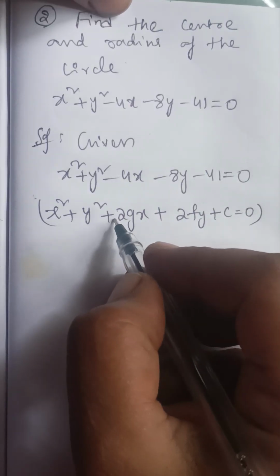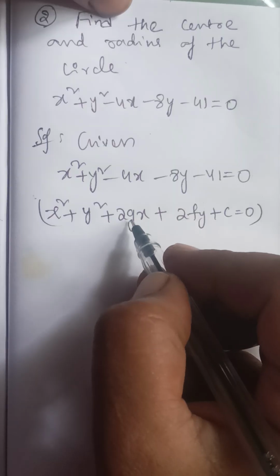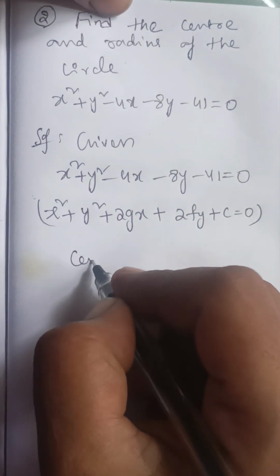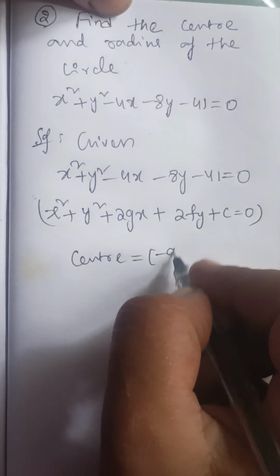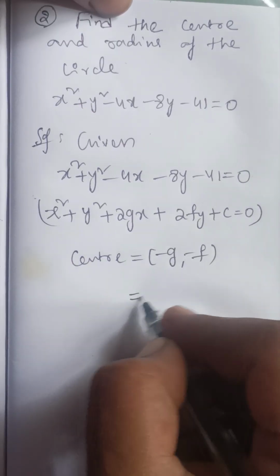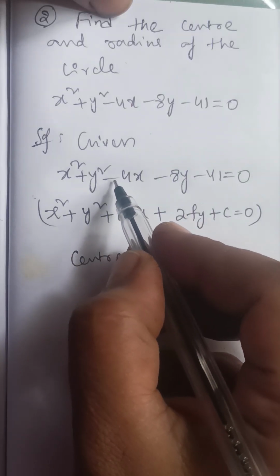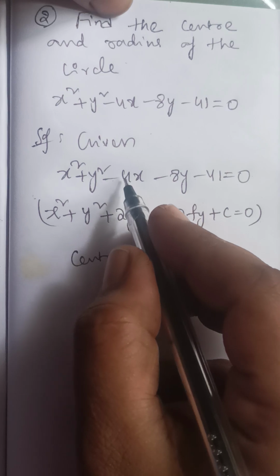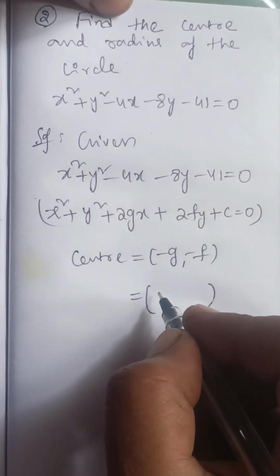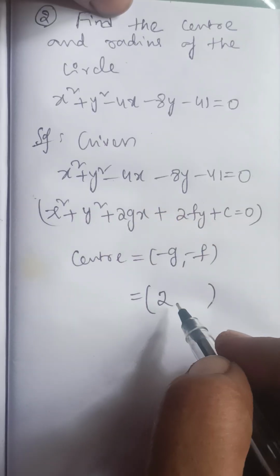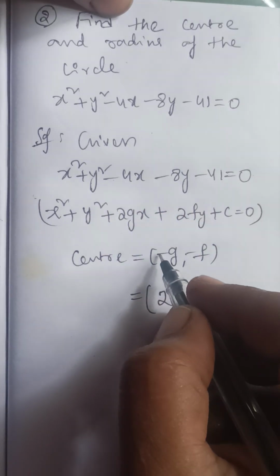While comparing, 2g equal to minus 4, then g equal to minus 4 by 2. Directly you can write, the center is minus g comma minus f. So to get the center, just take half of the x coefficient, that is 4 by 2, and change the sign; it will be plus in the center, because minus g.